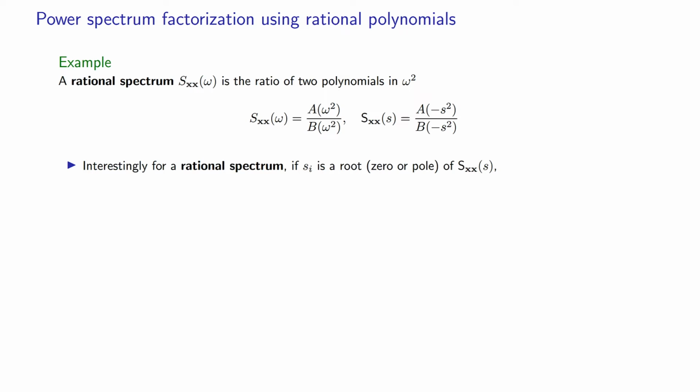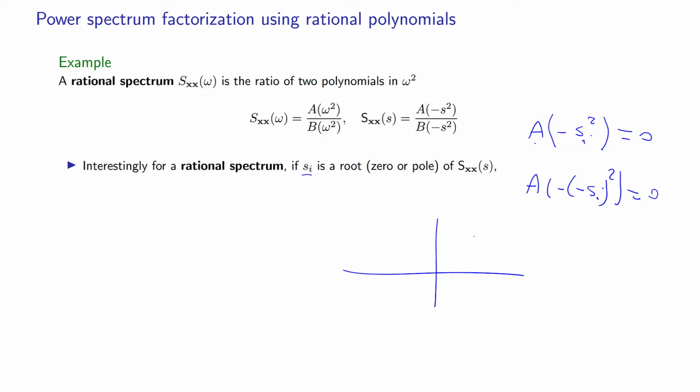So a rational spectrum is such that if Si is a root, so if A of minus Si to the power of 2 is equal to 0, this function A is also 0 for minus Si. So that means that in the S domain, if your function is 0 here, for this, let's say S1, it is also 0 for minus S1.